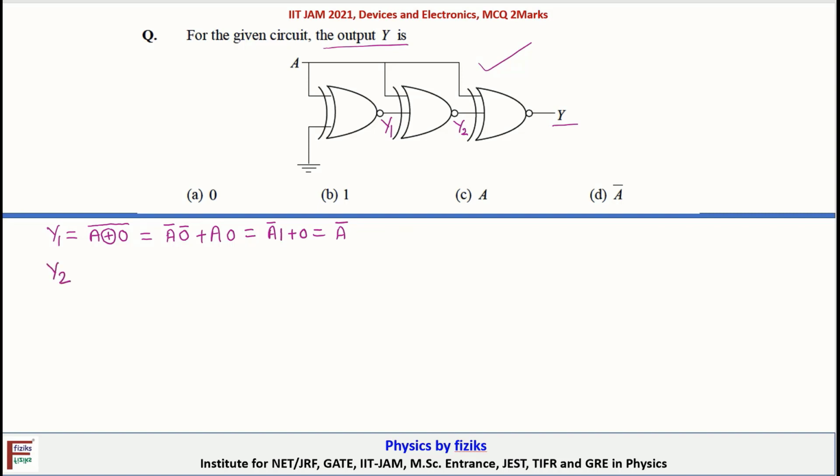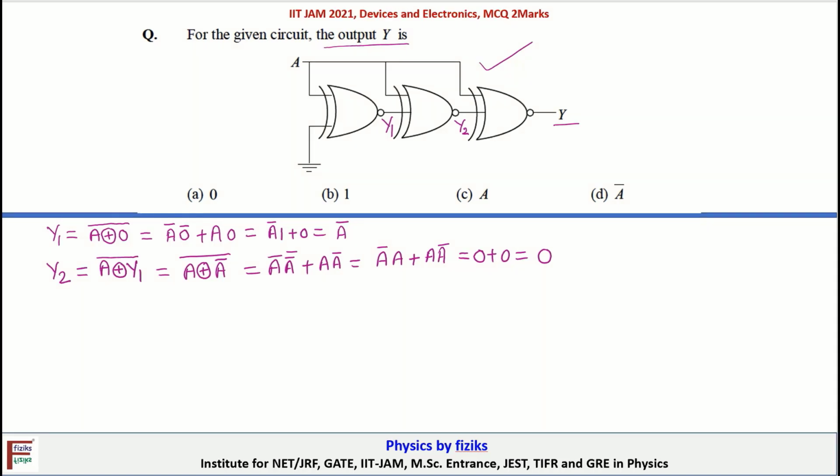Now Y2 is given by A XNOR Y1. So that is A XNOR Y1, where Y1 is A bar. So this can be written as A bar A double bar, or A bar A. So this will be A bar A or A bar A, and that is 0 or 0, which is 0.